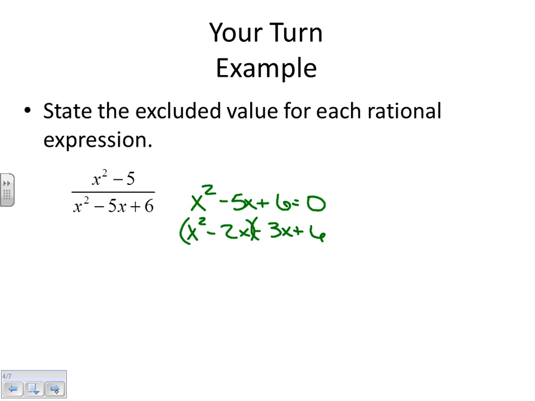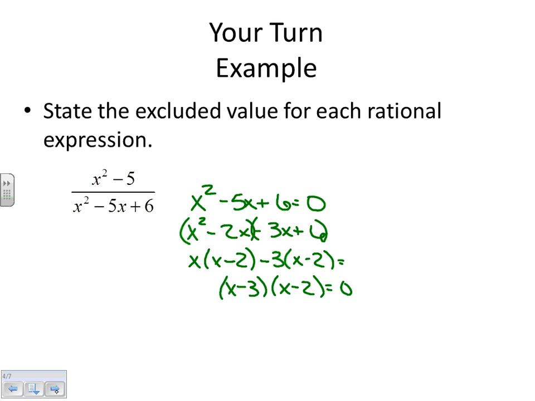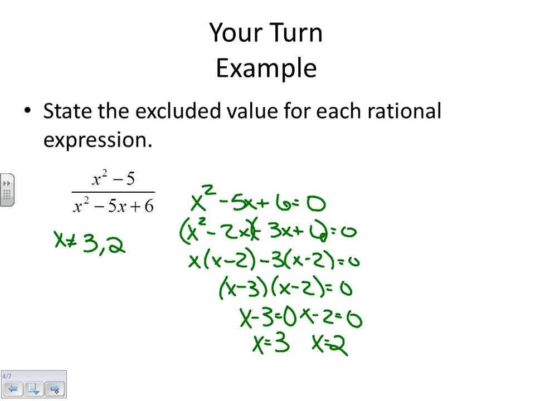We group these and factor out an x minus 2, negative 3, x minus 2. Then we get x minus 3 times x minus 2 equals 0. So x minus 3 equals 0 and x minus 2 equals 0, x equals 3 and x equals 2. Here our excluded values are: x cannot be 3 or 2.